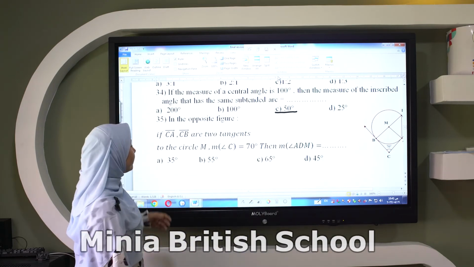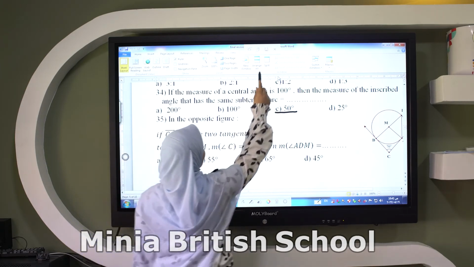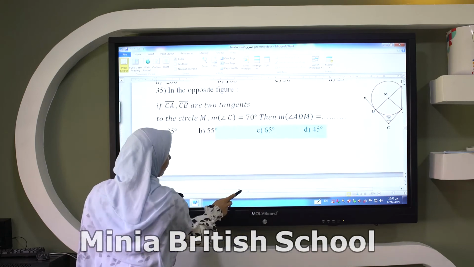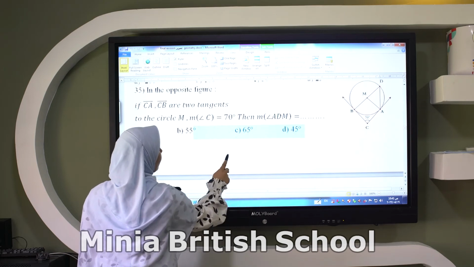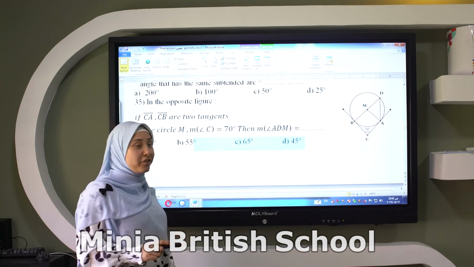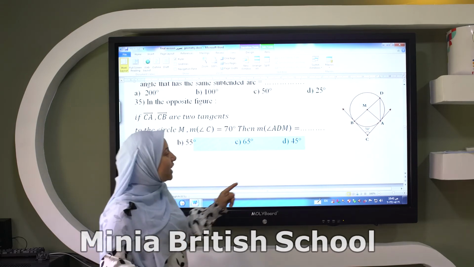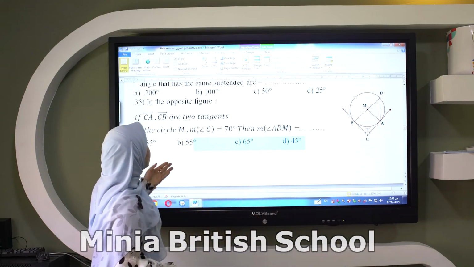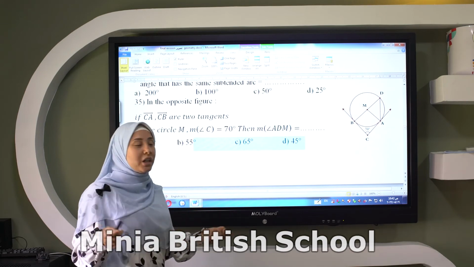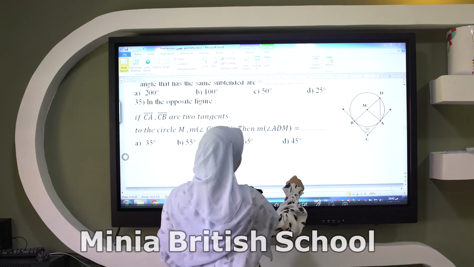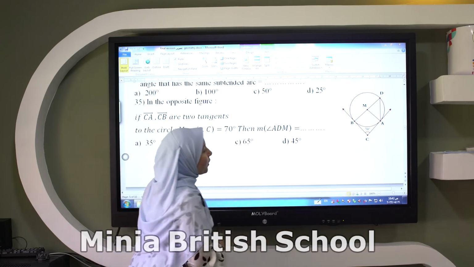And in number 35, in the opposite figure, if CA and CB are two tangents, like here, and the measure of angle C equals 70, then what does ADP equal?